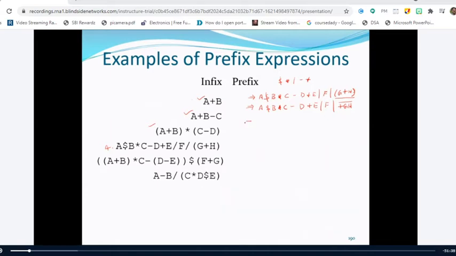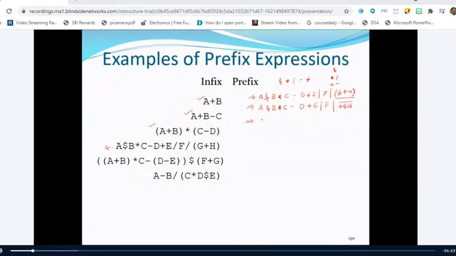Now tell me, which operator do we have to solve here? First of all, you have to go for the precedence of the operator. As we discussed yesterday, dollar has higher precedence than star and division, and star and division have higher precedence than plus and minus. So dollar has to be solved first.